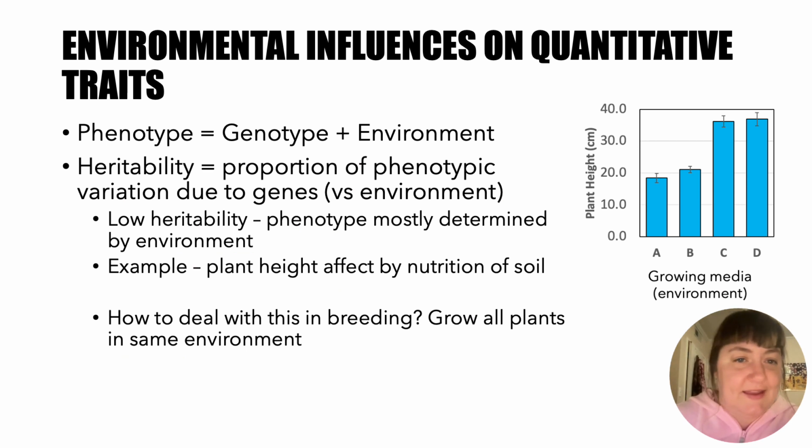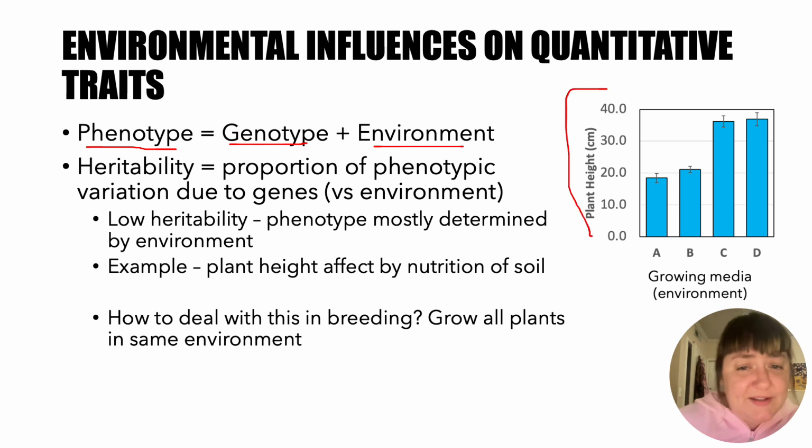So, like I just said, the environment has a big influence oftentimes on quantitative traits. So for quantitative traits, the phenotype that you see is going to be a product of the genotype plus the environment. And an example of this from this class is the media trials that we did. So we measured plant height. So that's a quantitative trait. It varies continuously, quantitatively.